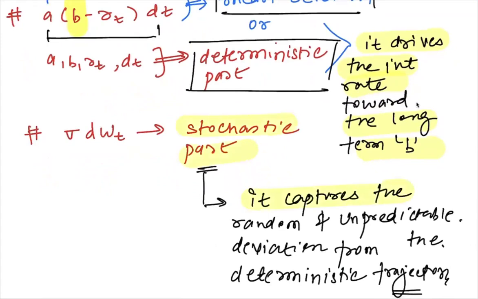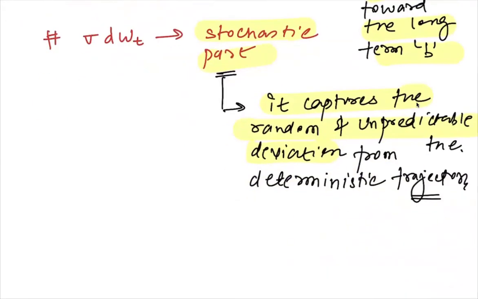Basically, it captures the random or unpredictable behavior that you see in your interest rates. And let me show you with a quick example how this deterministic component drives the interest rates.